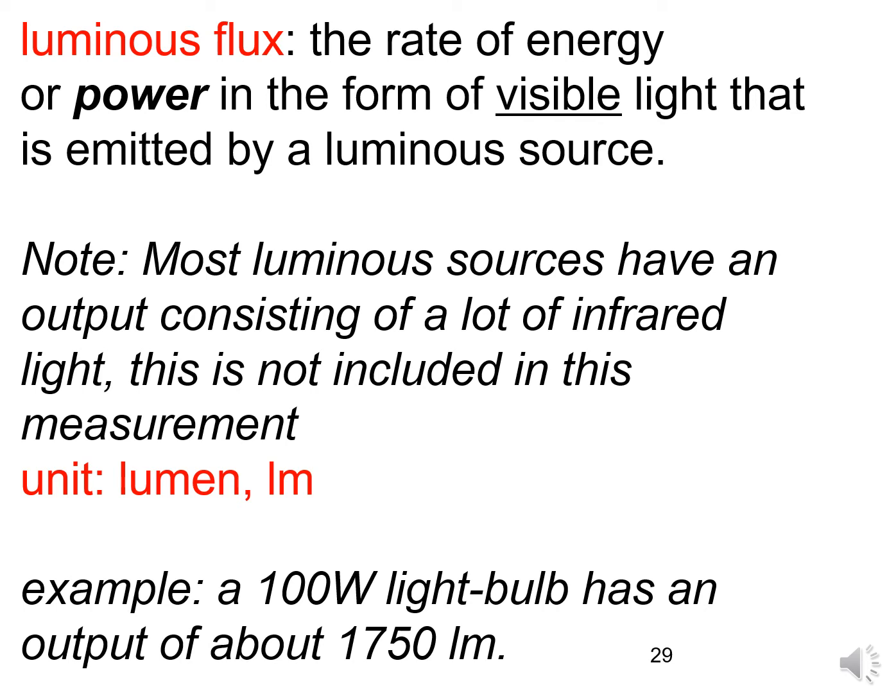Most luminous sources have an output that consists of a lot of infrared light, and this is not included in this measurement. The unit for luminous flux is a lumen, abbreviated lm. So for example, a 100-watt incandescent light bulb has an output of roughly 1750 lumens.